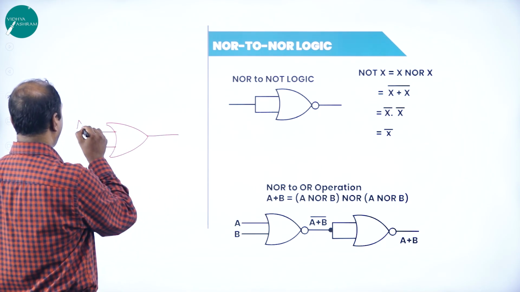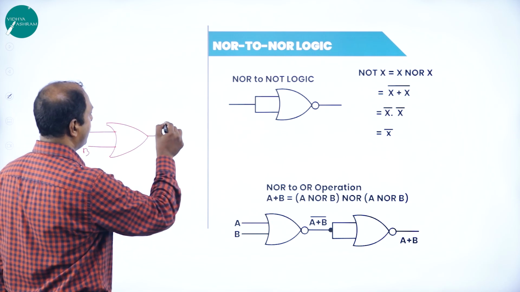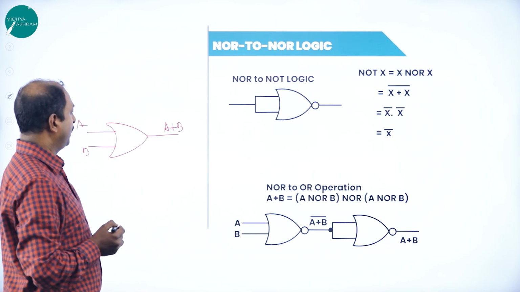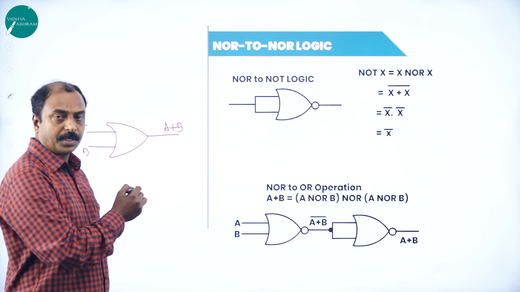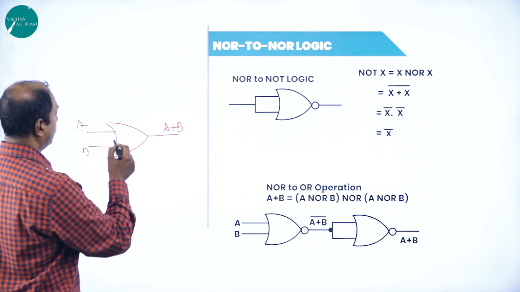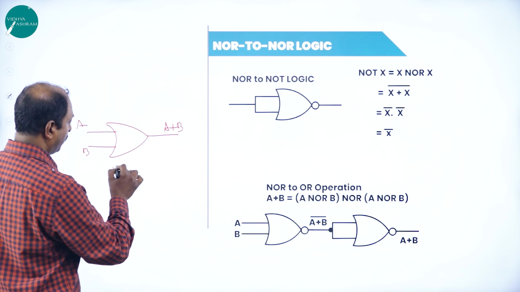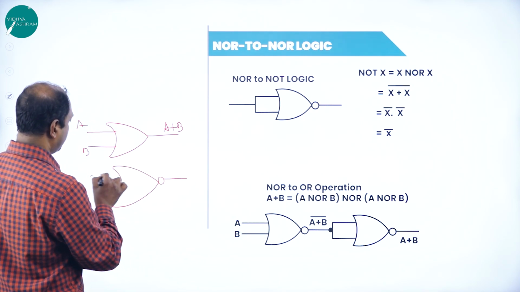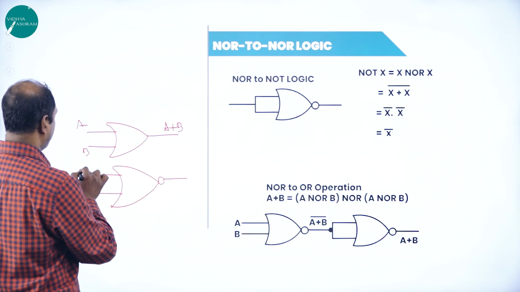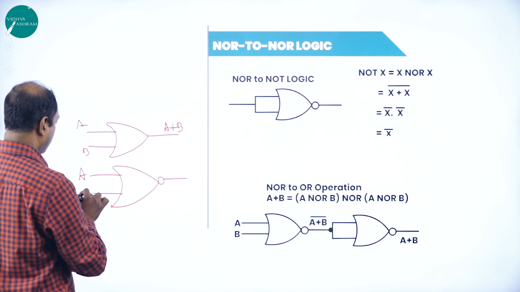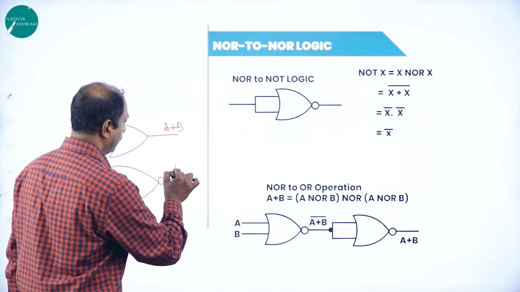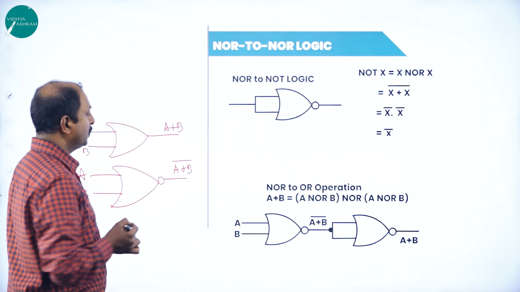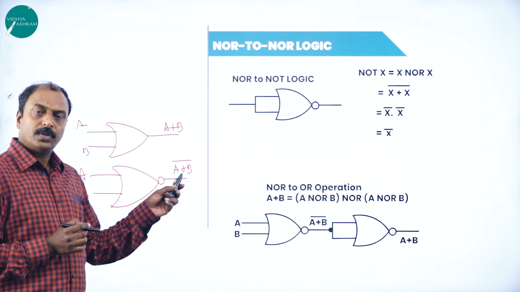This is A, B, A plus B. So this is your OR gate. So what would be the result of a NOR gate? A NOR gate is an OR gate followed by NOT, and suppose these two are the inputs and here A plus B naught.